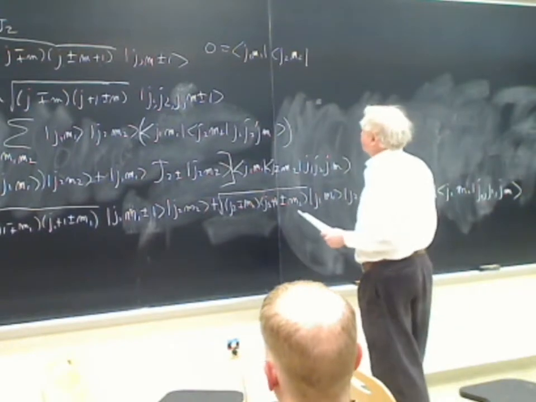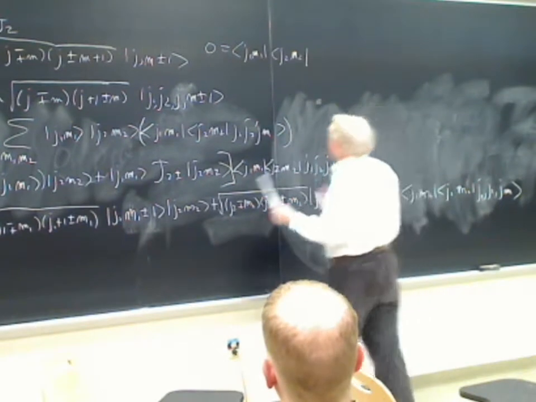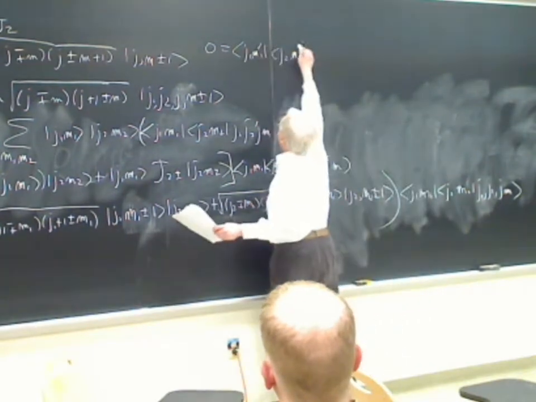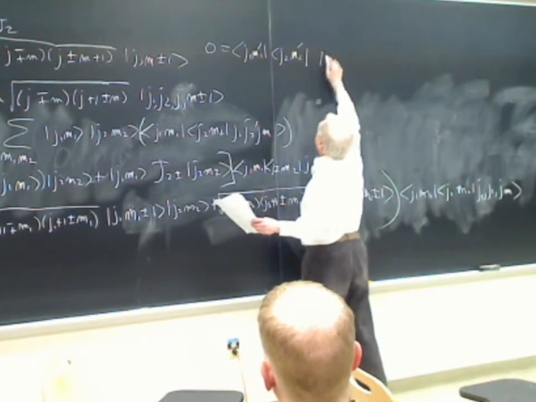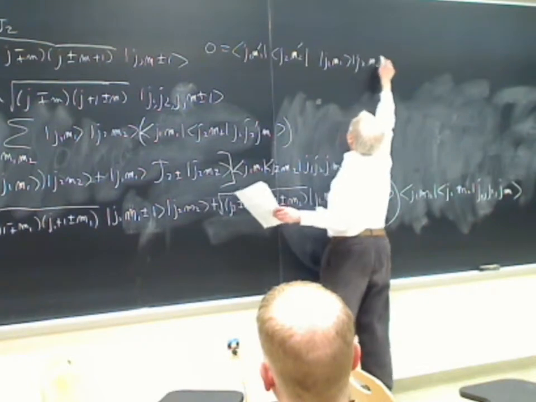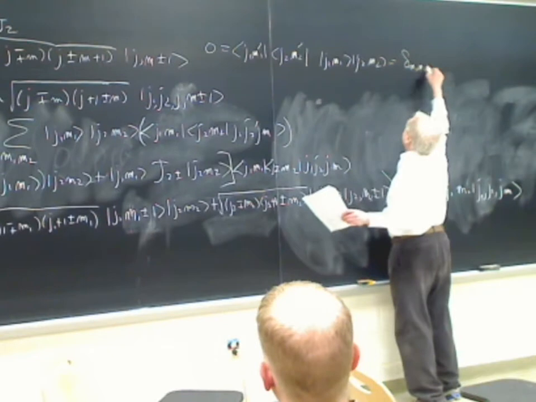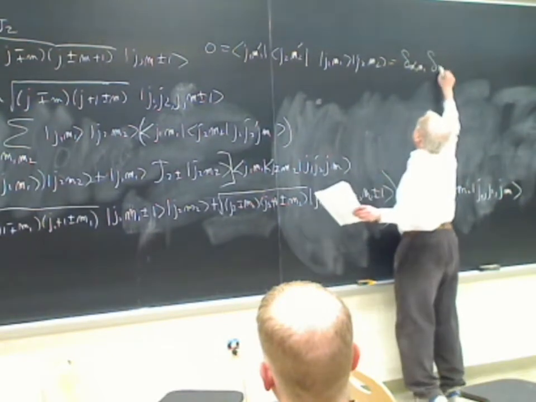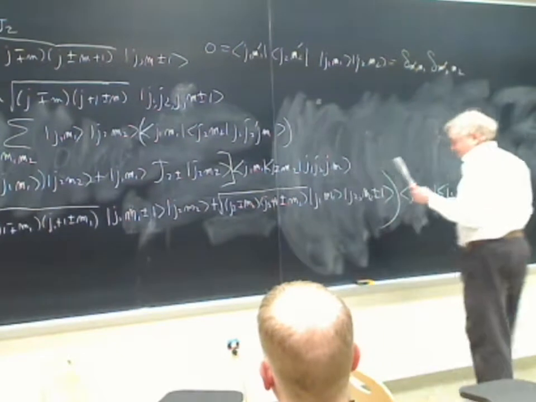Let me put primes on these guys, on J1, M1, J2, M2, because it's delta M1 prime, M1, delta M2 prime, M2.